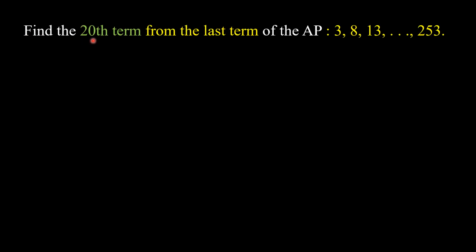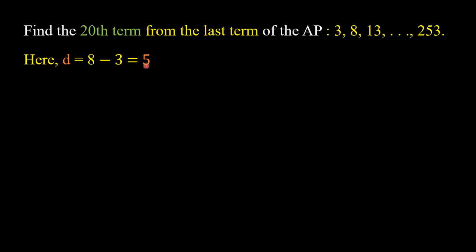Find the 20th term from the last term of the A.P. which is 3, 8, 13, and so forth, to 253. Here, common difference d is 8 minus 3, which is 5.